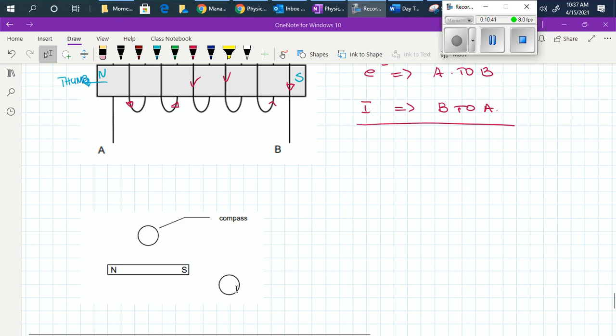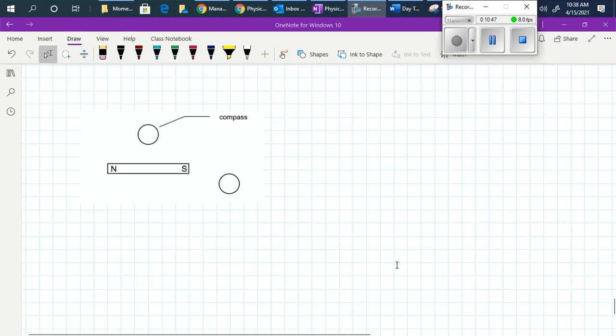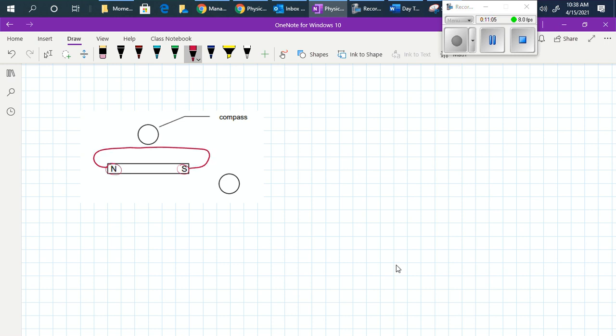So what we are looking at here is the direction of the compass. In which direction is the north of the compass going when we have a bar magnet that has a north on this side and south on this side? Now, magnetic field lines are continuous lines, unlike electric and gravitational field lines, and they leave north and go to south.